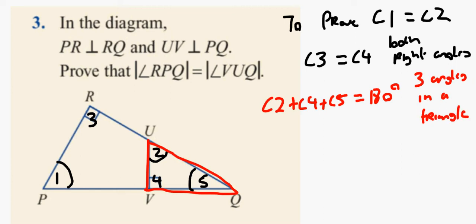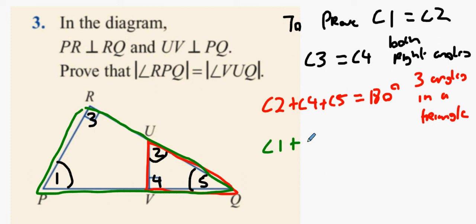Okay. And then you could go for the big triangle, which is the green one here. And you can say that angle 1 plus angle 3 plus angle 5 is also equal to 180 degrees for exactly the same reason, 3 angles in a triangle.